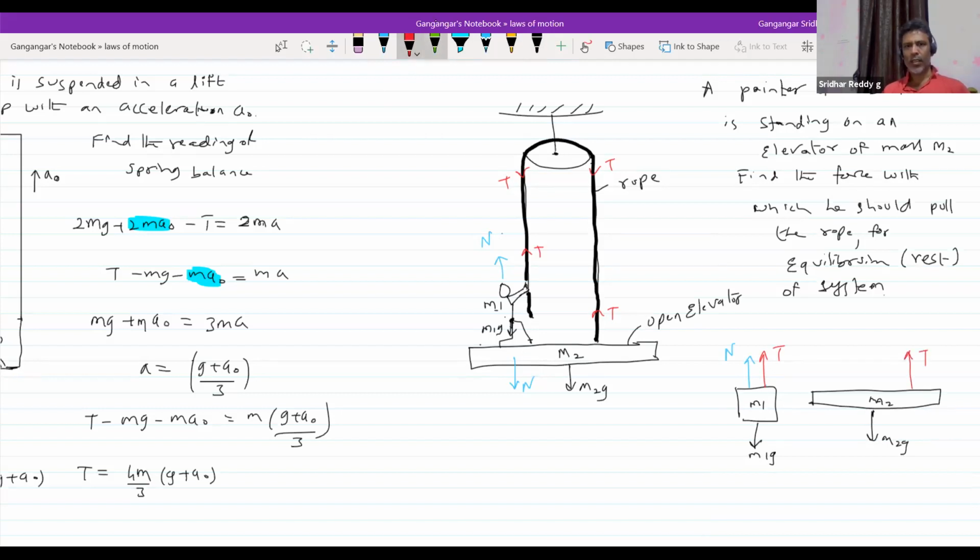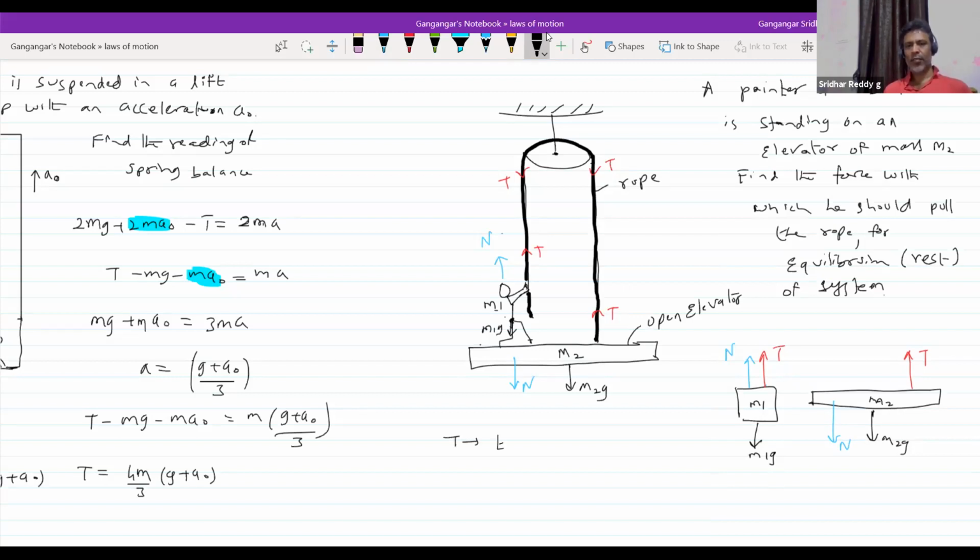How will the person press the platform? This end. This is what you actually forget. This is very important. What force will pull the rope? That should be the tension. So to make things clear, what is T?